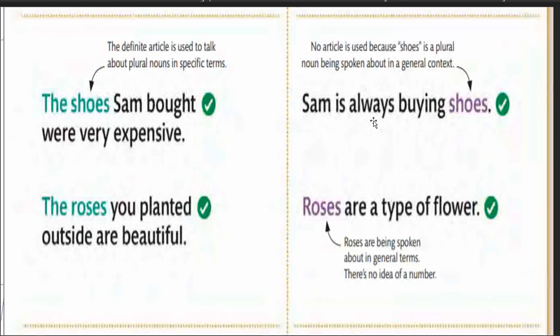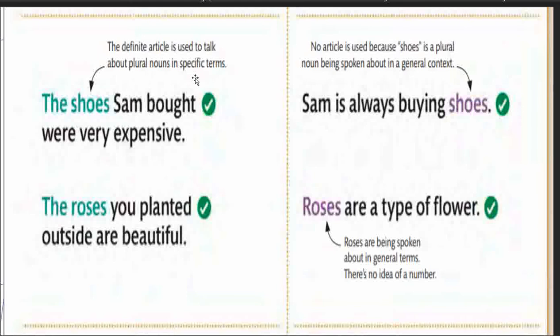Sam is always buying shoes. Now, Sam is always buying shoes. No article, that means zero article. Why? Let us see the reason. No article is used because shoes is a plural noun being spoken about in general context. Here, shoes was a plural noun which was spoken in specific context, specific terms.